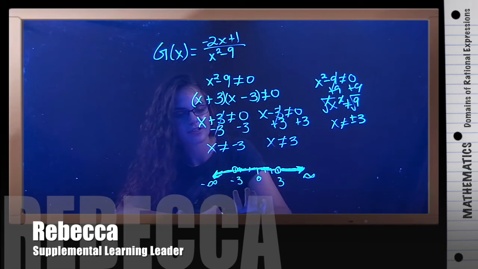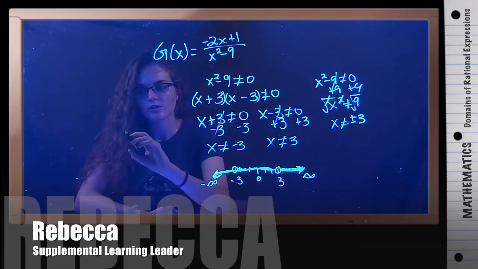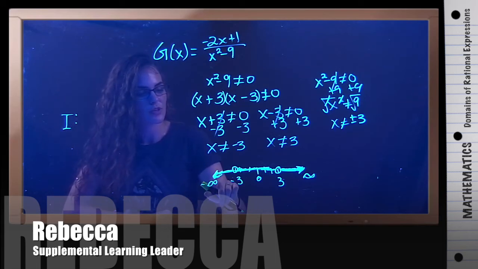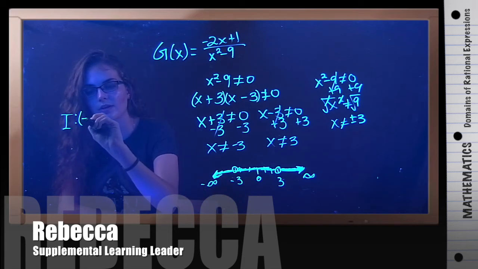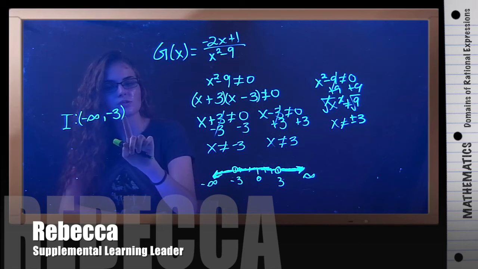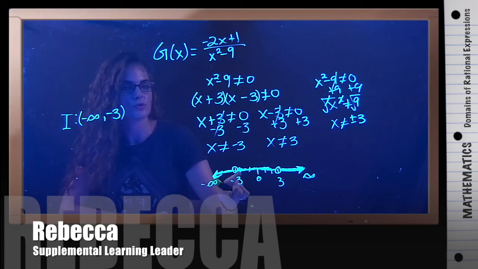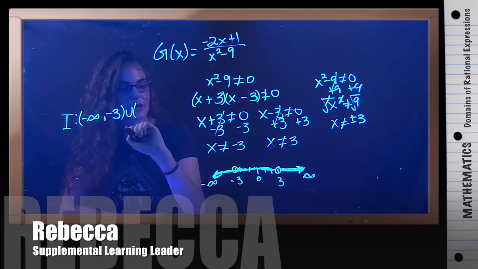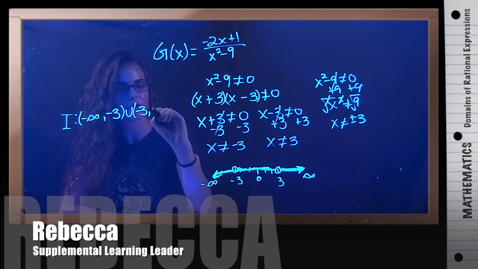Now we can create our interval. So interval notation: this goes all the way from negative infinity to negative 3. We need to use parentheses because it's an open circle. Then there's a union, and it goes all the way from negative 3 to 3.